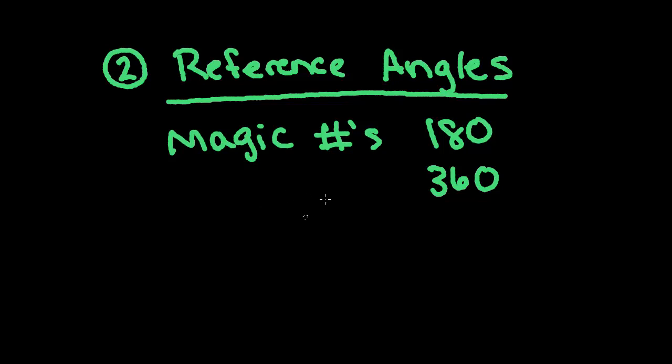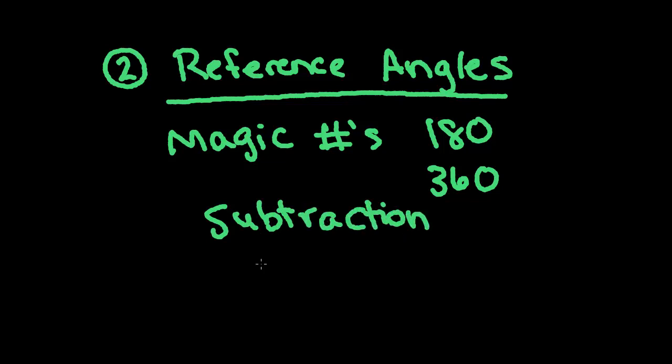Basically, you take whatever numbers you're given that if they're not already a 0, 30, 60, 45, or 90, one of the ones in our table there, you either subtract it from 180, or subtract 180 from it, or subtract it from 360 multiple times, whatever you need to do with these two numbers, until you get a number that looks like one of these.